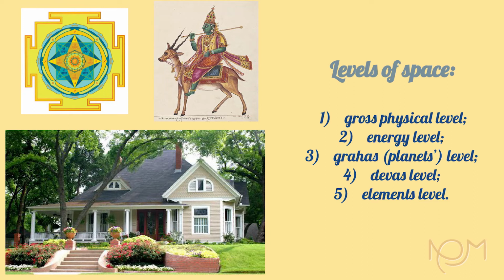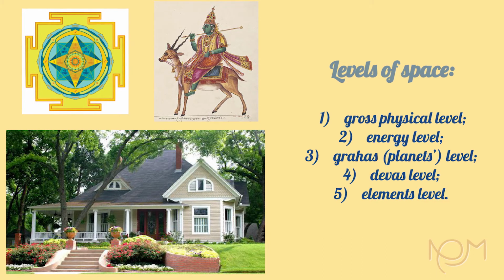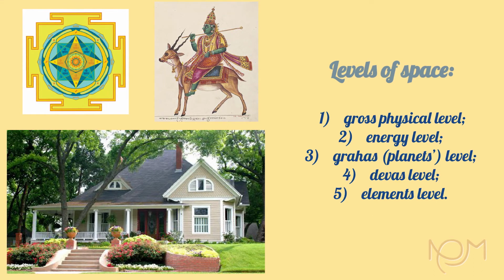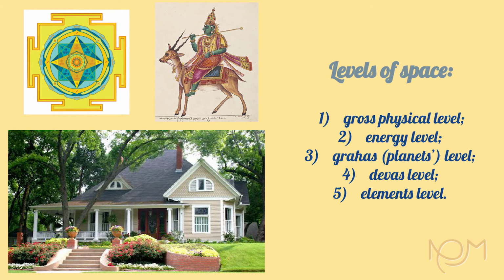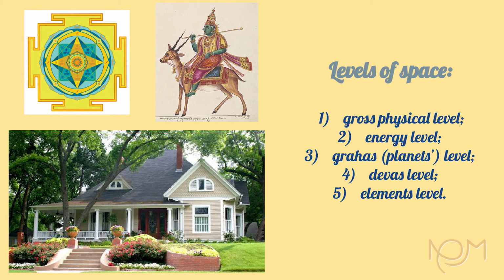And I will talk about some other basics of Vastu that you need to know if we take this energy level. But there are also even more subtle ones. For example, the level of grahas or planets, the one that's linked with devas, and even the most subtle one that deals with elements. Of course, there's a lot of information, and we can talk about each of that level for a very long time.